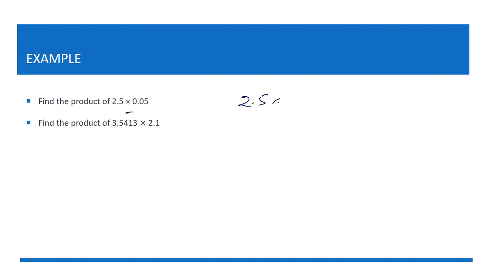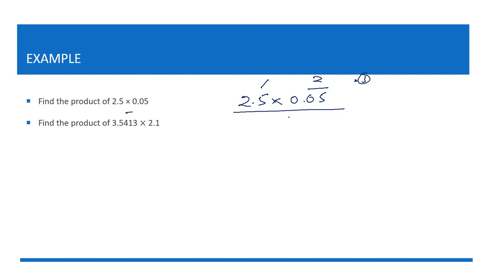2.5 into 0.05. Now what you need to do is ignore the decimal points, right? You consider it as 25, okay? Then you multiply it. How many decimal places are there? Just check. There is 1 here and 2 here. So 2 plus 1 is 3.